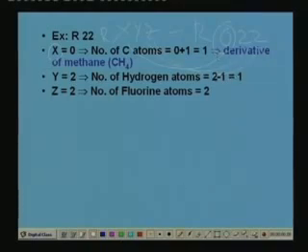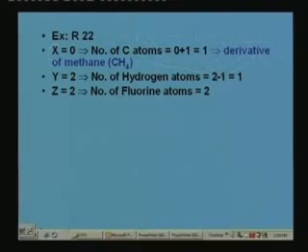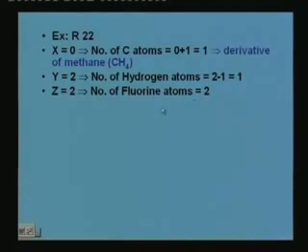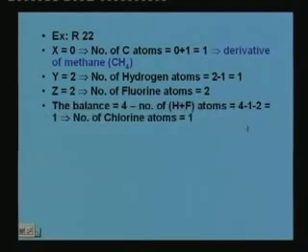From the general formula, Y is 2 means the number of hydrogen atoms is 2 minus 1, that is 1, and Z is 2 means the number of fluorine atoms is 2. And the balance, what is the balance? There should be 4 atoms in all, so the balance is 4 minus the number of hydrogen atoms plus fluorine atoms. Here the number of hydrogen atoms is 1 and fluorine atoms is 2, so the balance is 4 minus 1 minus 2, that is 1.